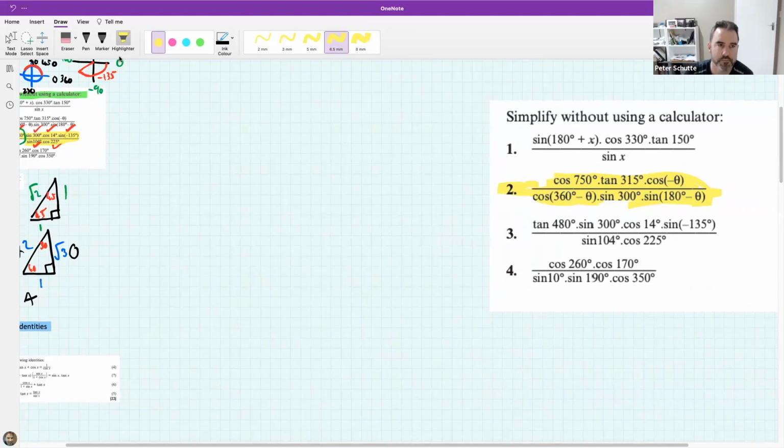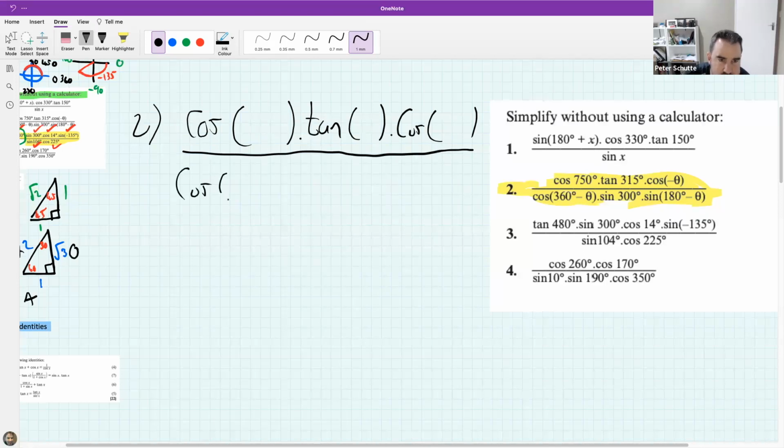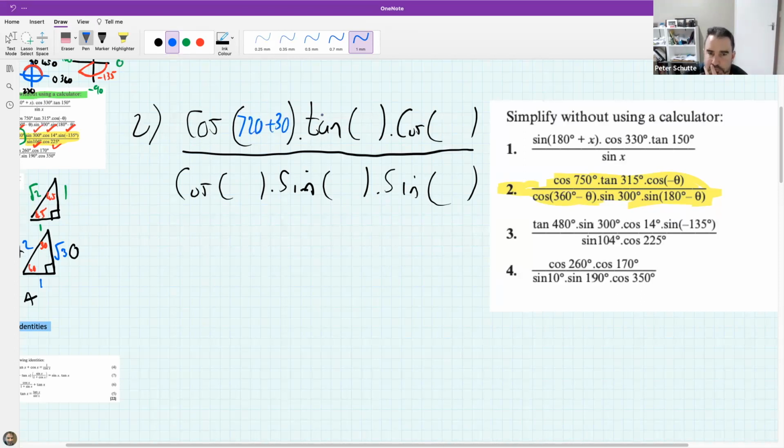So we're doing number 2 now. Here we got that.